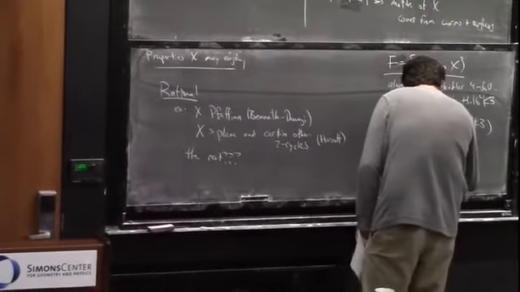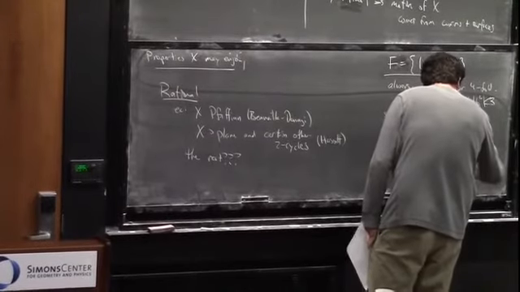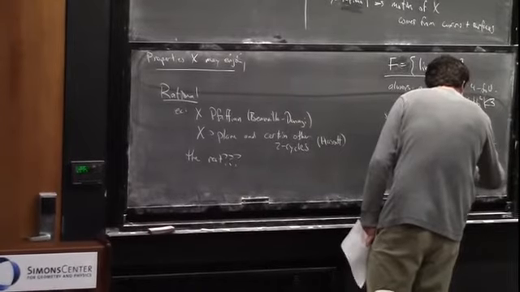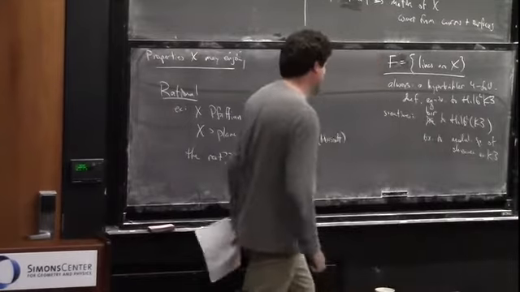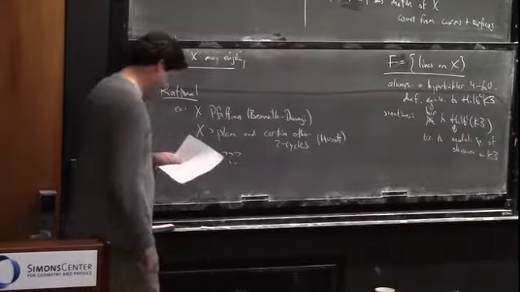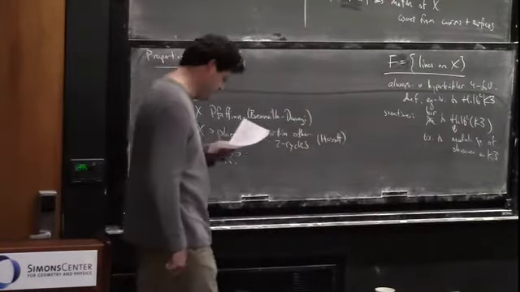It might be birational to a moduli space of sheaves on a K3 surface. And of course, the Hilbert scheme is a moduli space of sheaves, but we'll see that the second condition is a little bit weaker.